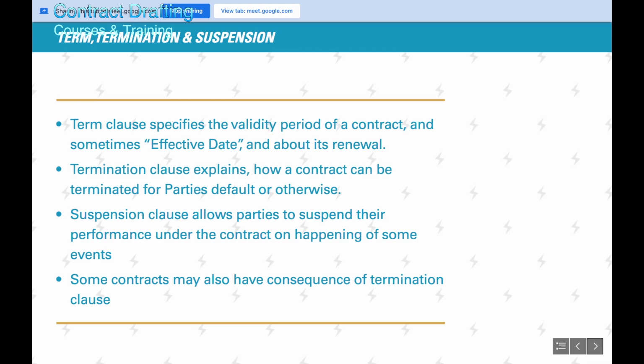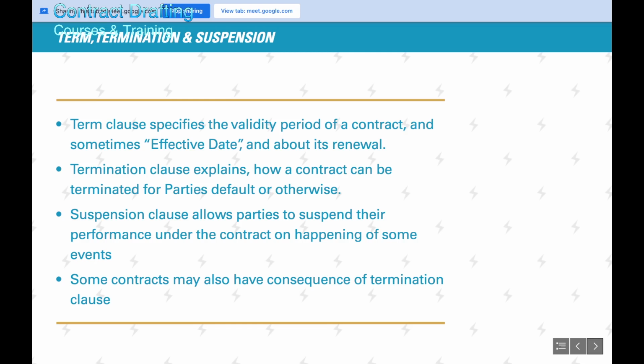Now, material breach can be of two types. One can be a material breach which can be cured and which cannot be cured. So, if a material breach can be cured, then a notice period is given, and within that period, the other party has to cure its breach. And if they fail, then contract is considered terminated.